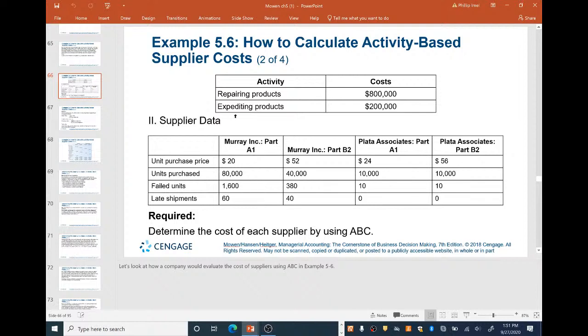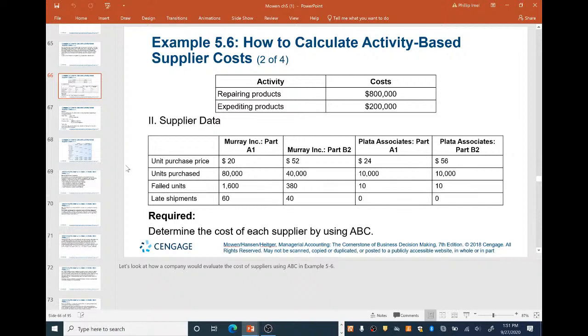Late shipments correlate with expediting products. Next, the next four columns are the two products sold by each company. The first two rows are Part A1 and Part B2 sold by Murray Incorporated. The last two rows, rows 3 and 4, are Part A1 and Part B2 sold by Plata Associates.